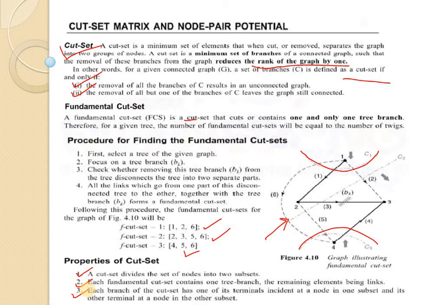So in that way we can form the cut set matrix, and we have to maintain all these properties. We have to verify whether the set we have formed is actually a cut set or not by verifying the tree and the cut links.